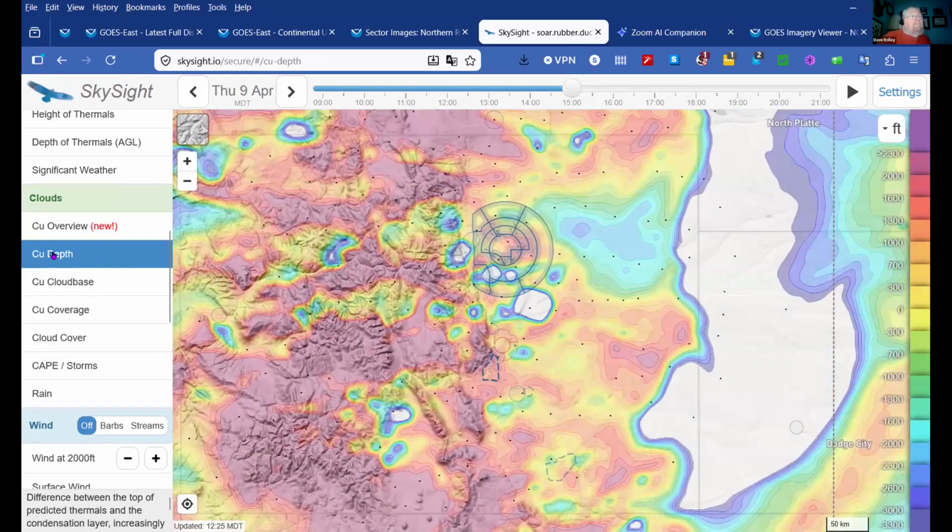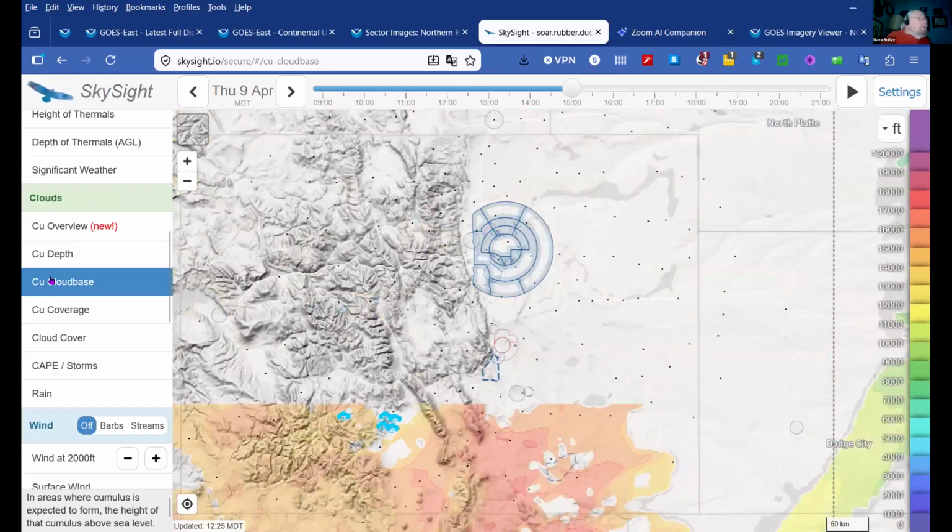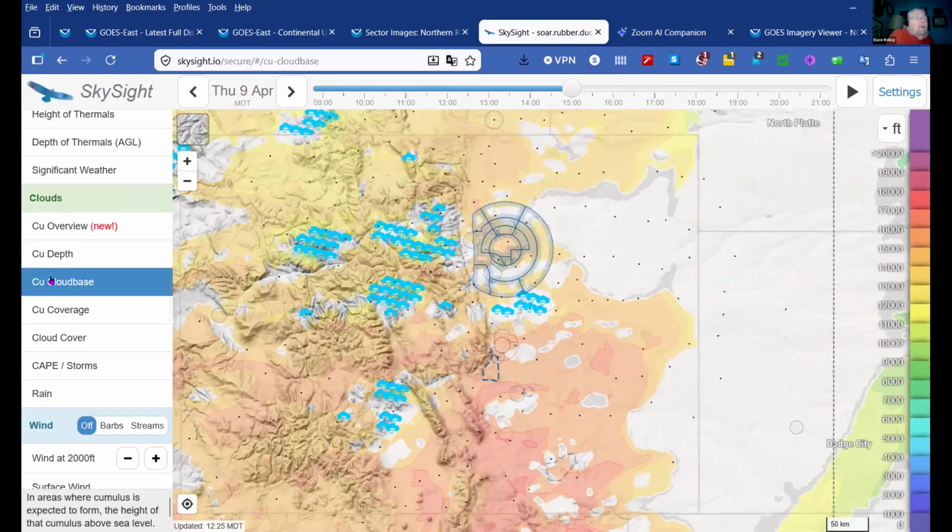Cumulus depth. So this is the difference between the top of the predicted thermals and the condensation level. So, are you going to run out of lift before you get to the clouds? And then the cloud bases. So the top of the predicted thermal and the condensation level, or cloud base, I'm sorry.